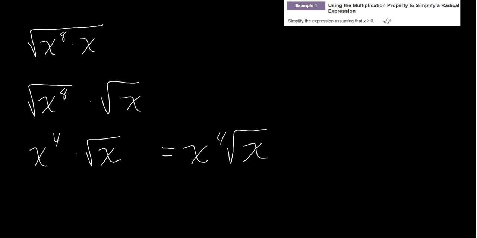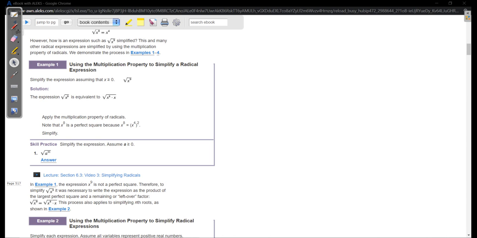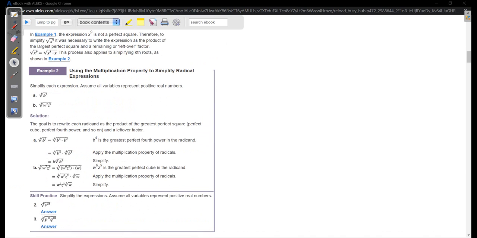Well, what is the square root of x to the eighth? Well, that would be x to the fourth, right? Because you take the 8 and divide it by the index, and the index here is a 2, so 8 divided by 2 is 4. So it'll be x to the fourth times the square root of x, or we can just simply write it as x to the fourth on the square root of x. We'll have to put the multiplication symbol there. And that's weird. Yeah, it cuts it off.